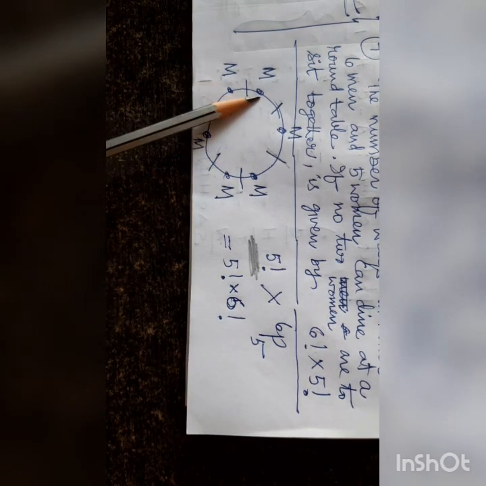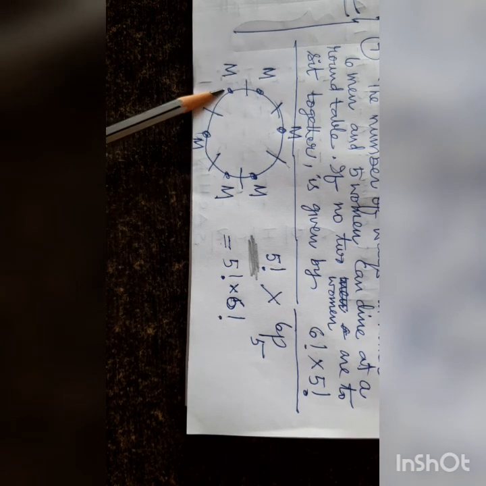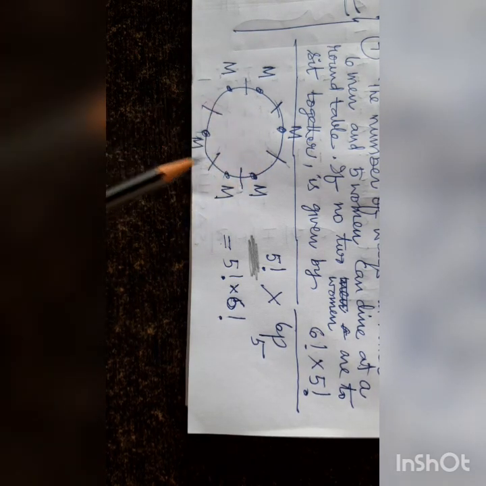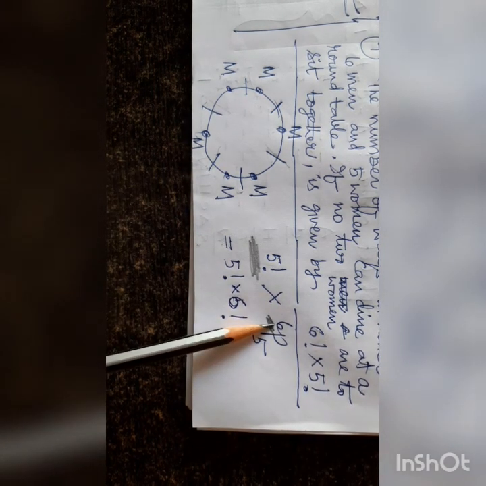Then the condition that 2 women should not sit together will be followed, and the women problem will be no more. That is why there are 6 choices, out of which we can arrange.